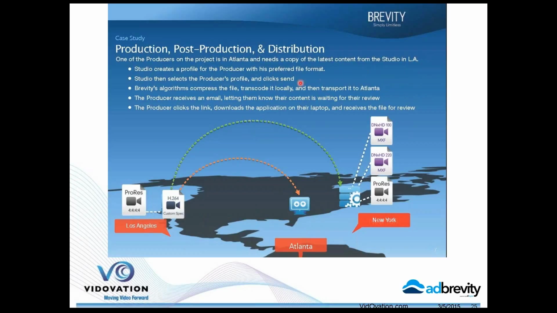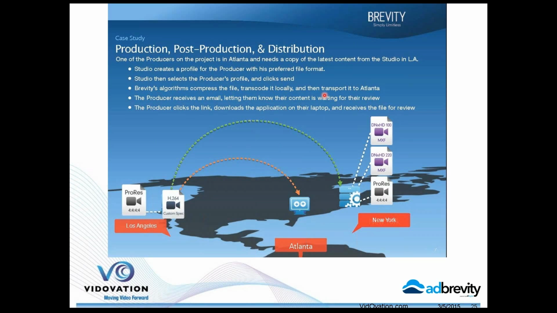So we were able to do that all in a seamless push. So you can see here, Studio creates profile, then the producer has a profile already preset, and then we send the file, and this happens automatically. And then the Brevity algorithm transcodes the different formats while transferring the file.